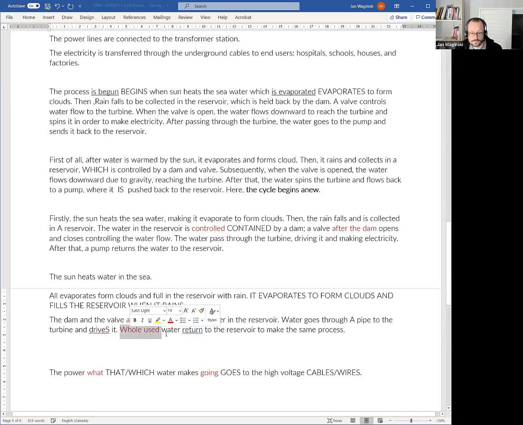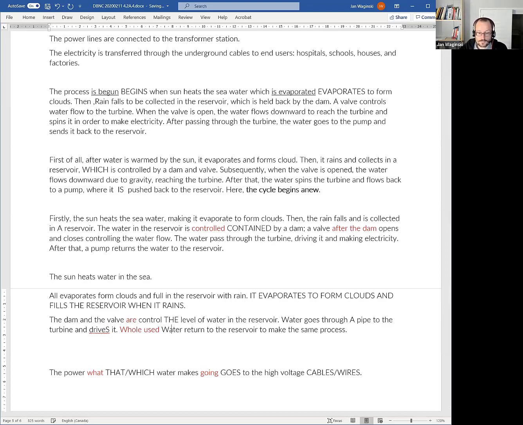Nice. Water then returns to the reservoir. Or better, then water returns. Up to you, it doesn't matter. Then water returns, water then returns. You can put it in both spots. Returns to the reservoir to make the same process.